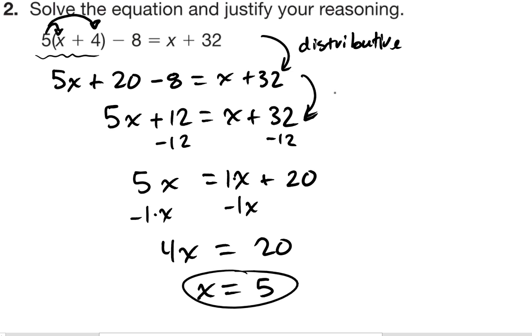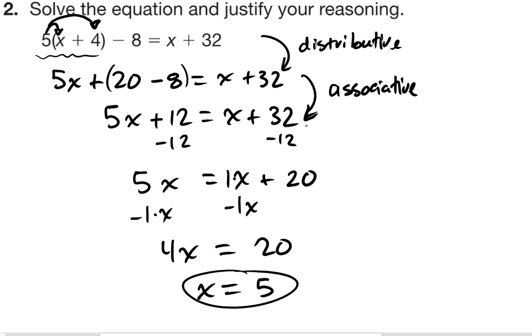I could also say it's the associative property because I'm associating the 20 and the negative 8 and combining those to get 12.